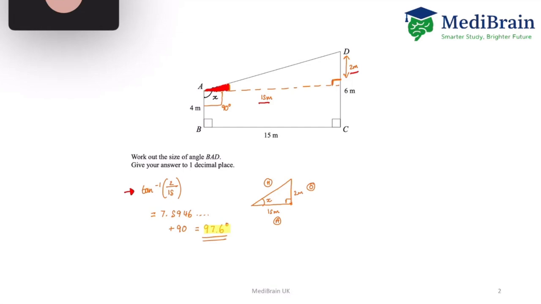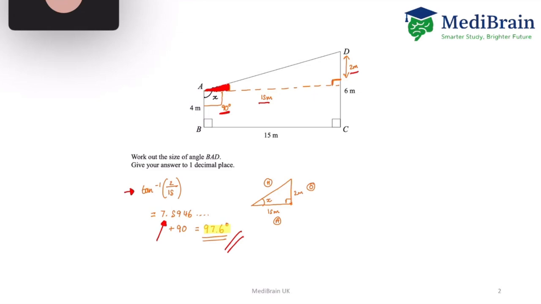If you did that, you would have got an answer of 7.5946. That would be this angle over here that I've shaded in red. Then once you've done that, you would just need to add it on to your 90 degrees to work out the whole angle of BAD. That should get you an answer of 97.6. So that's what we finished off by looking at in our last lesson.